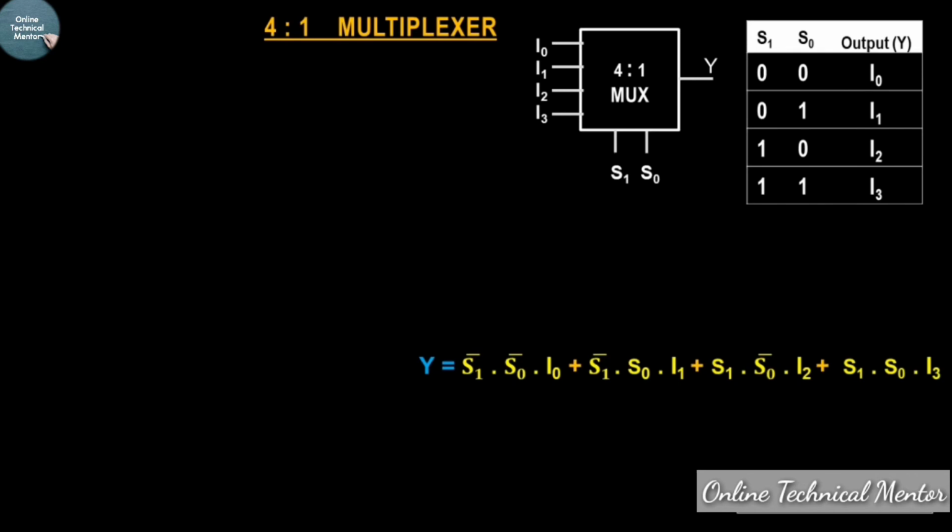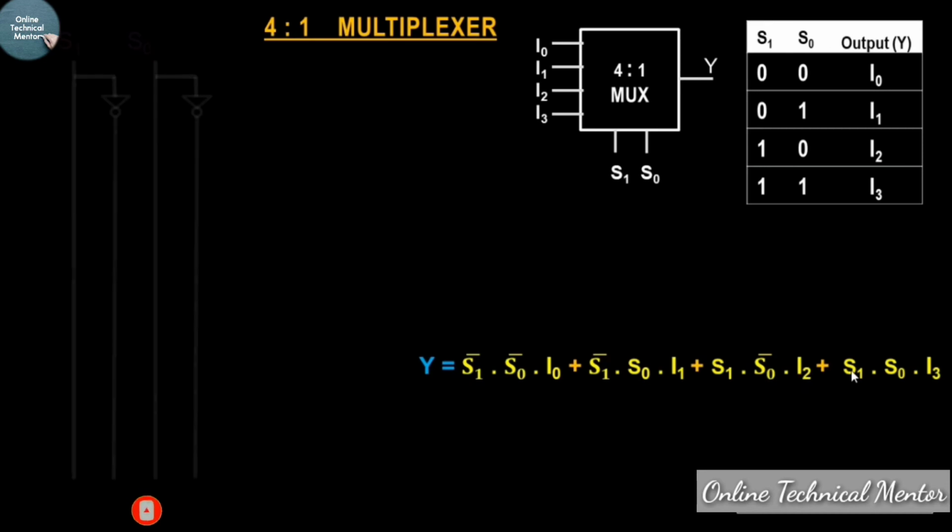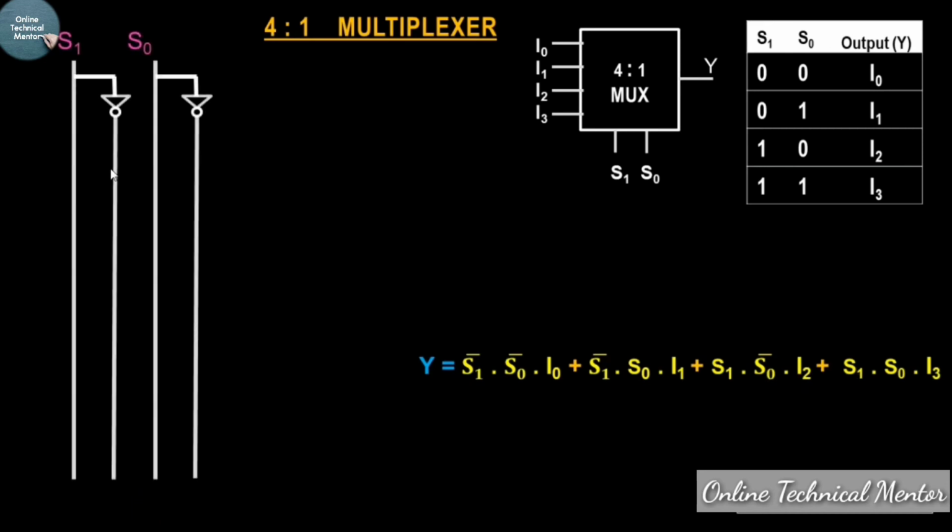Now using this expression, we are going to draw the logic diagram of the 4:1 multiplexer. Since everything depends on S1 and S0, first draw the S1 and S0 lines, and since my expression contains not only S0 and S1 but also the inverts of S0 and S1, draw like this.